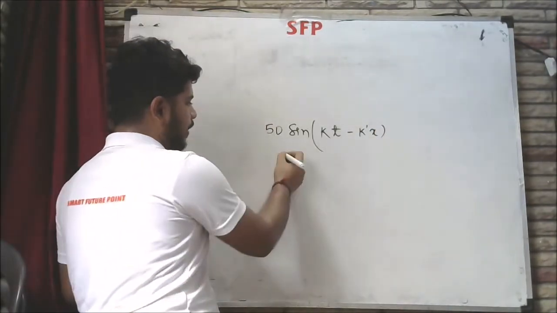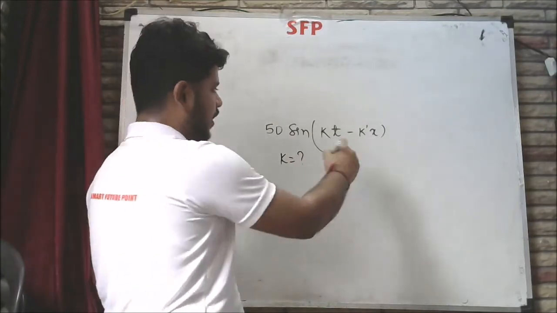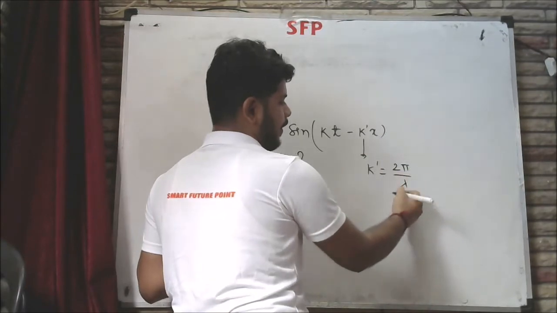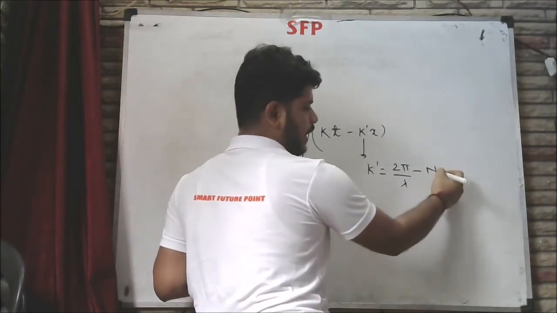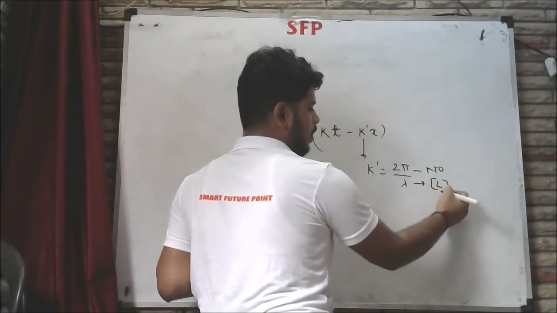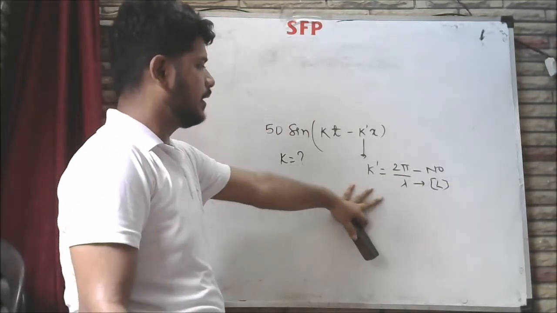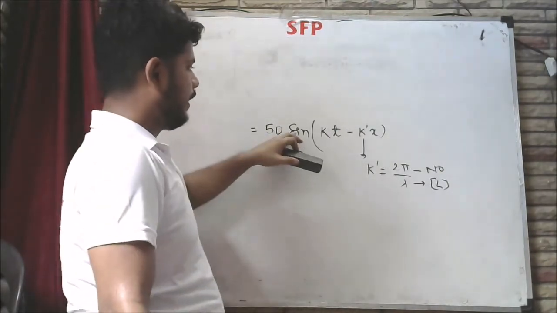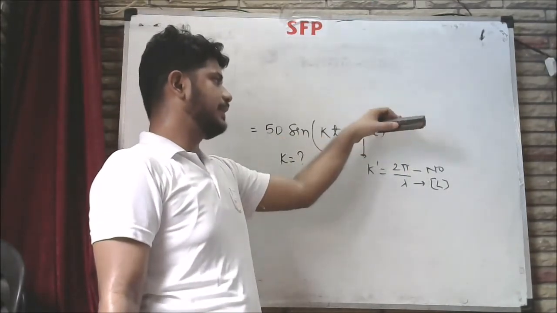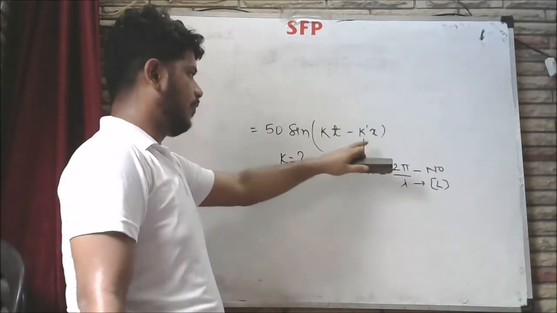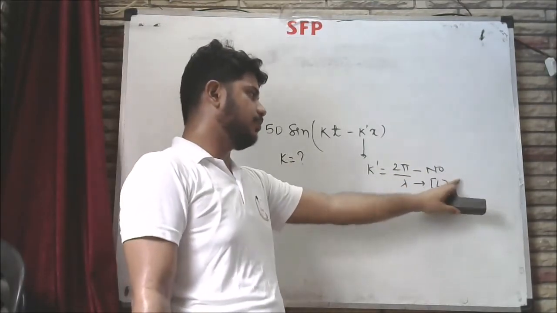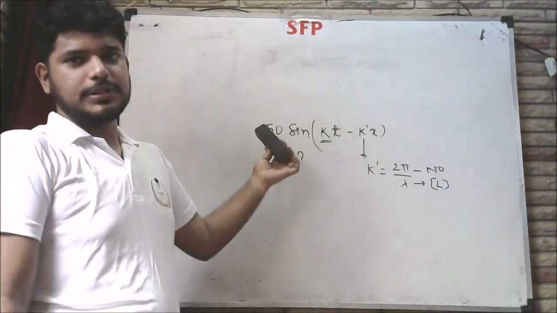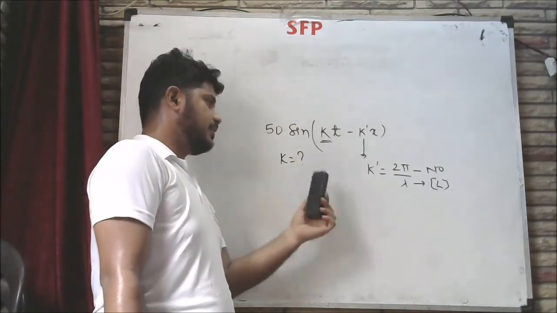Fine, we have to find the dimension of k, where k dash is represented by 2 pi by lambda. What is 2 pi? 2 pi has no dimensions, lambda has the dimension of length. I have given you enough hint for this question. The question is: A sine of kt minus k dash x, where k dash is represented by 2 pi by lambda. 2 pi has no dimension, lambda has the dimension of length. You have to find the dimension of k. Try it yourself and try to give me the answer.